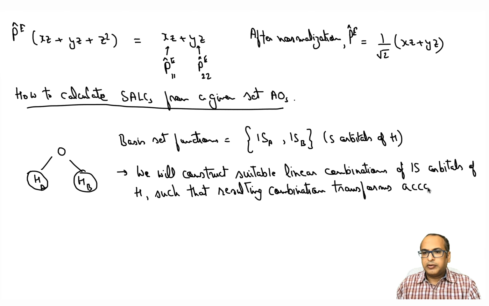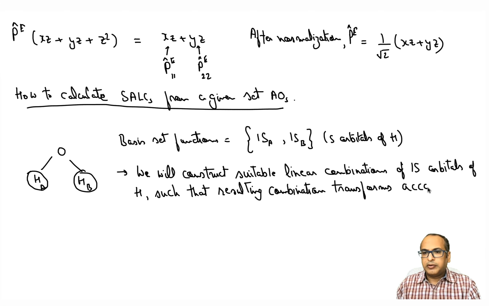So let us write the C2V character table: E, C2Z, sigma YZ, sigma XZ, and this is our tau of 1sA, 1sB. The traces are 2, 0, 2, 0.